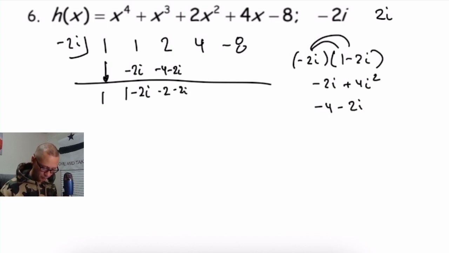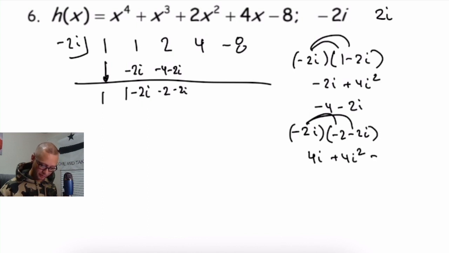So we multiply again, it's going to distribute. Negative 2 minus 2i. This is going to be positive 4i, positive 4i squared. That means it's going to change the sign. So 4i minus 4.